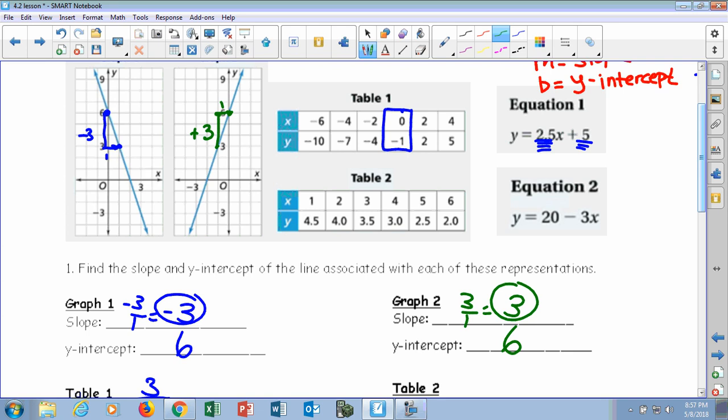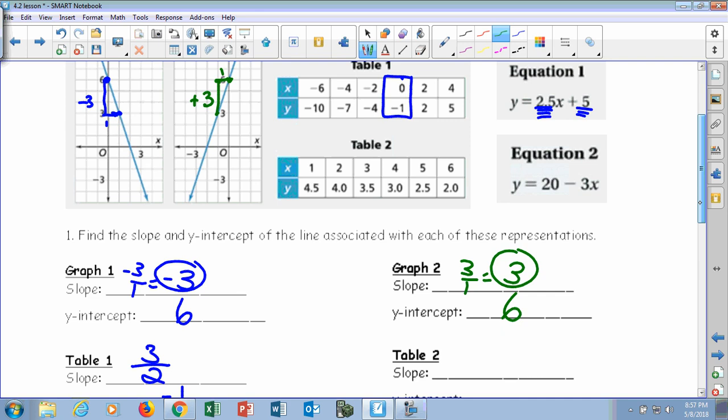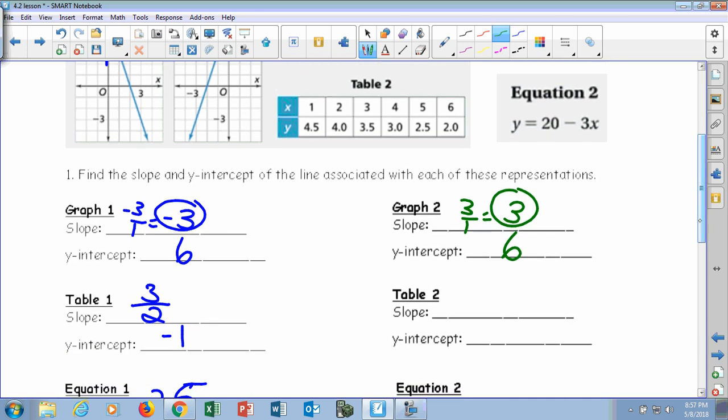Now, table 2, they made you work a little bit for the y-intercept. So let's find the slope first. All right, our x values all increase by 1, right? From 1 to 2 is 1, from 2 to 3 is 1, from 3 to 4 is 1, 4 to 5 is 1, 5 to 6 is 1. Now if you look at the y's, right, this goes down from 4.5 to 4 is 0.5, down 0.5, right?